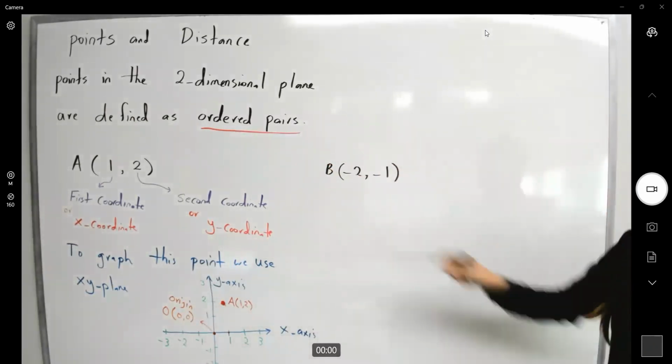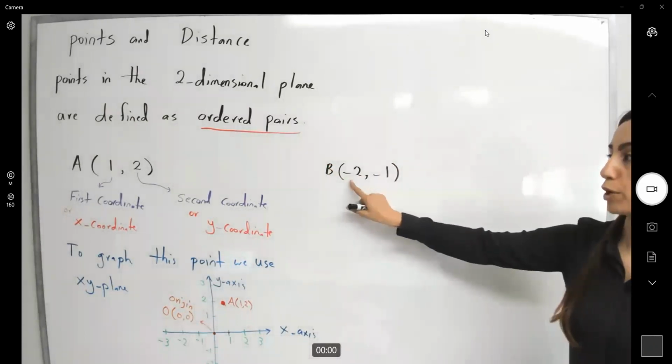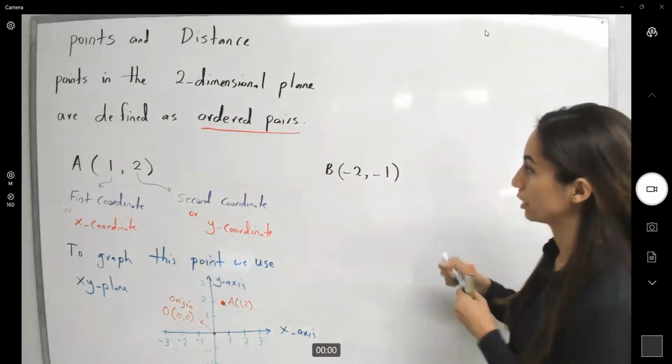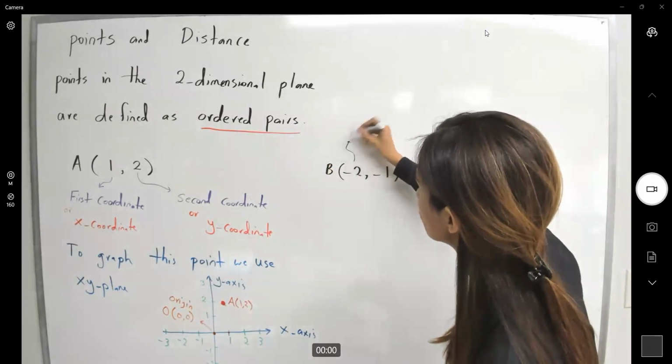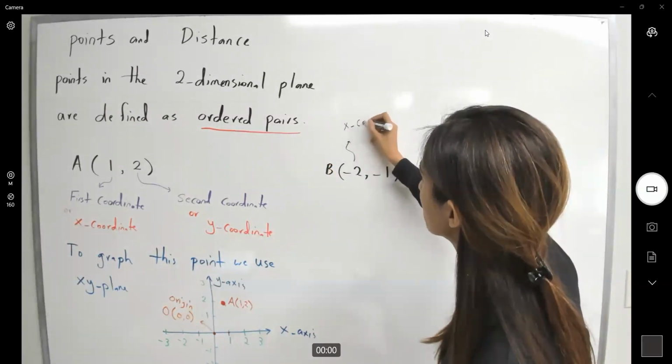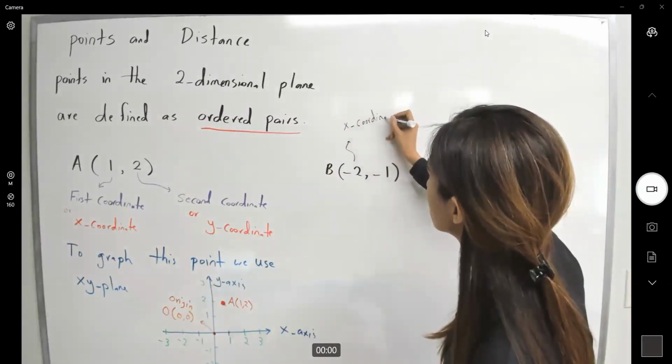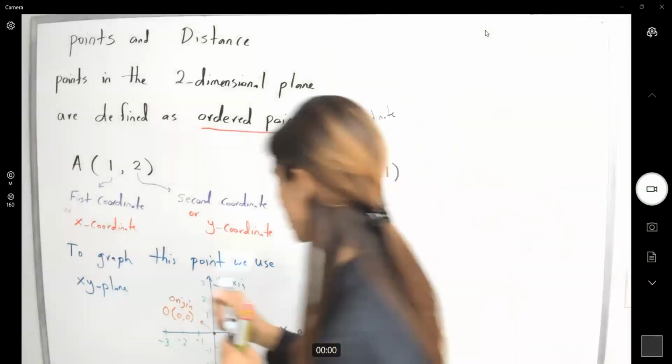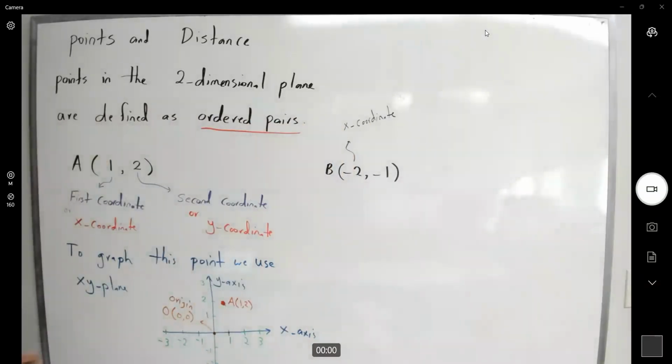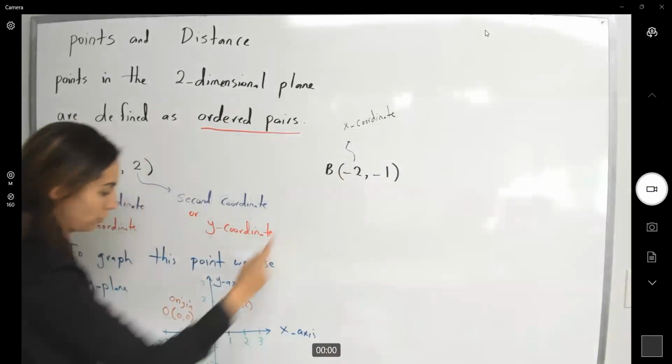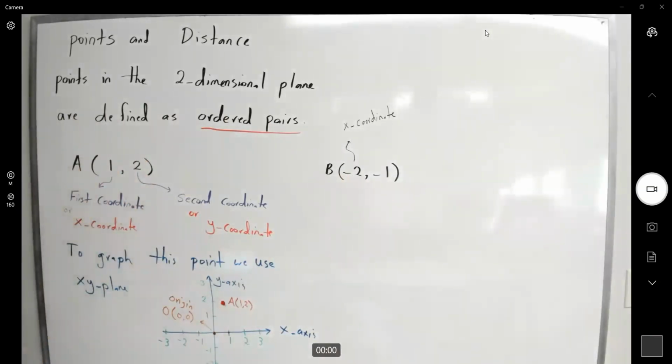This point says my x coordinate is -2. You always start with the x coordinate, or the first coordinate. That is located on the left-hand side of the origin, on the negative part. -2 is just right here.